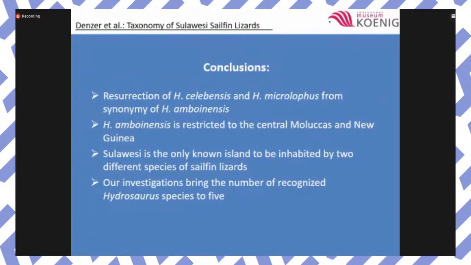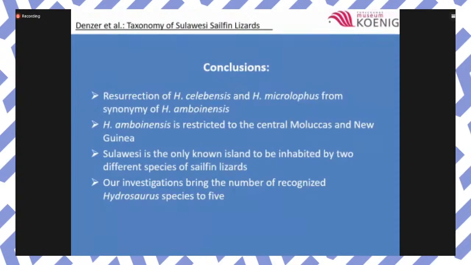Nevertheless, we can conclude that it was justified to resurrect the names Celebensis and Microlophus from synonymy of Amboinensis, because the sailfin lizards from Ambon look totally different and are clearly distinct from the Sulawesi ones. So Amboinensis should be restricted to the central Moluccas and New Guinea.